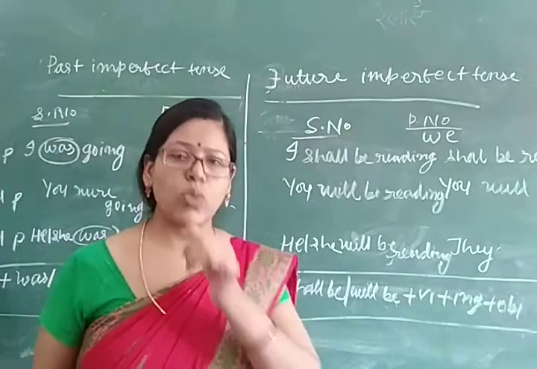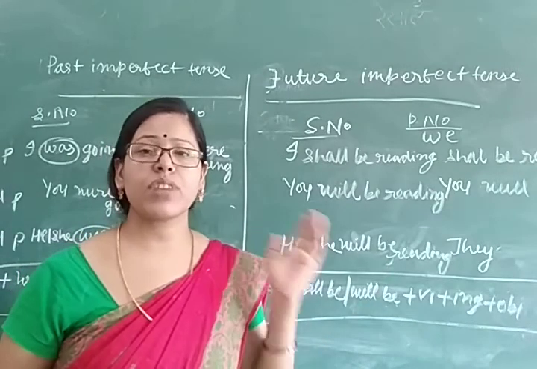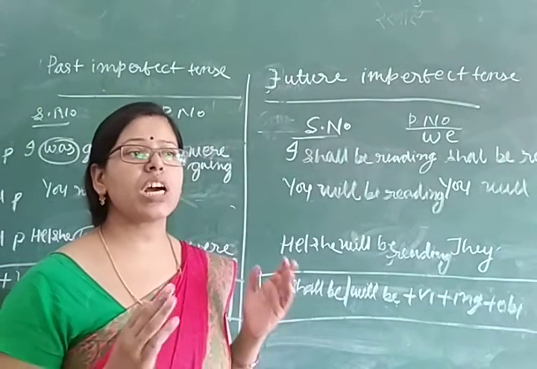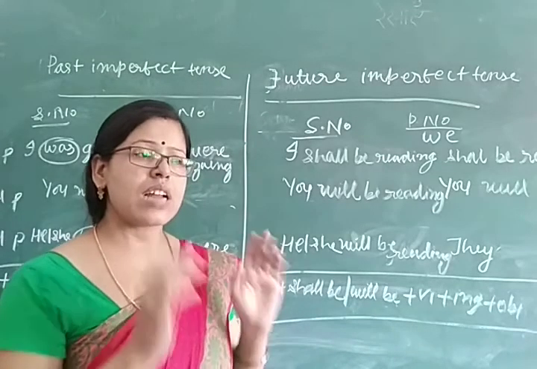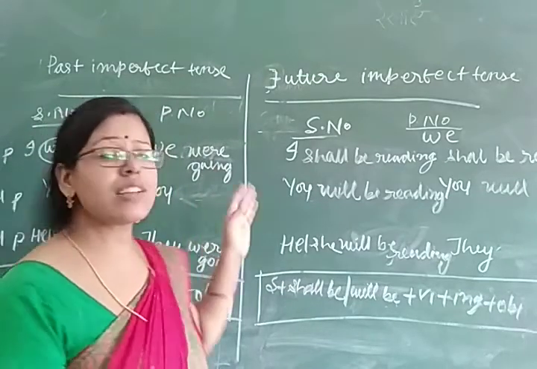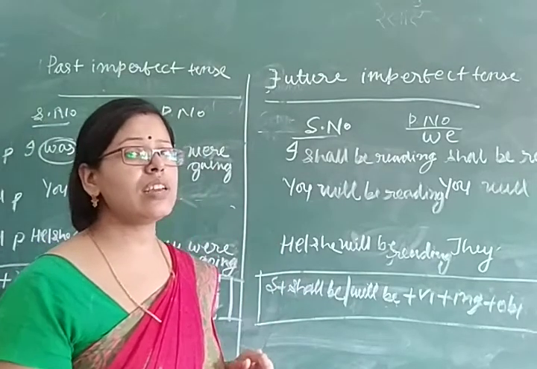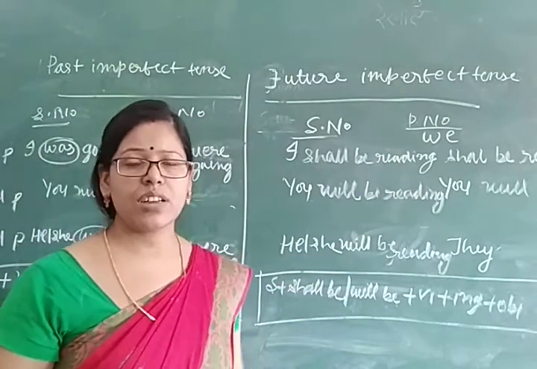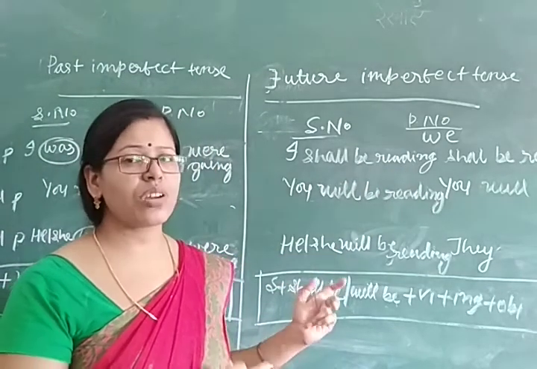Just remember what I taught you in present imperfect tense. In present imperfect tense, it was मैं जा रही हूँ. So there was रहा हूँ, रहे हैं, रही हैं. And here in past imperfect tense, what? रहा था, रहे थे, रही थी. And here, shall be reading. I shall be reading. रहूँगा, रहूँगी, रहेंगे.